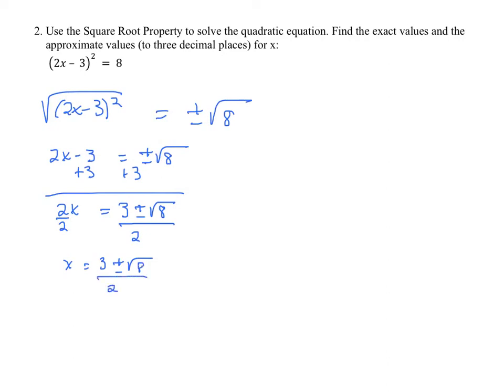Now here's the deal. I'm going to separate 3 plus the square root of 8 over 2. And I'm going to put parentheses around this so when I do it in my calculator, it'll remind me. And 3 minus the square root of 8 all over 2.